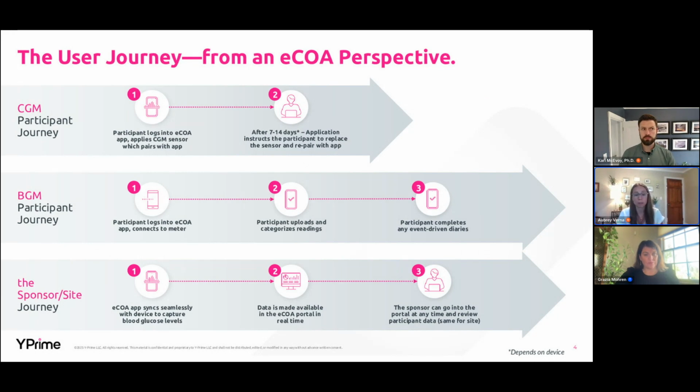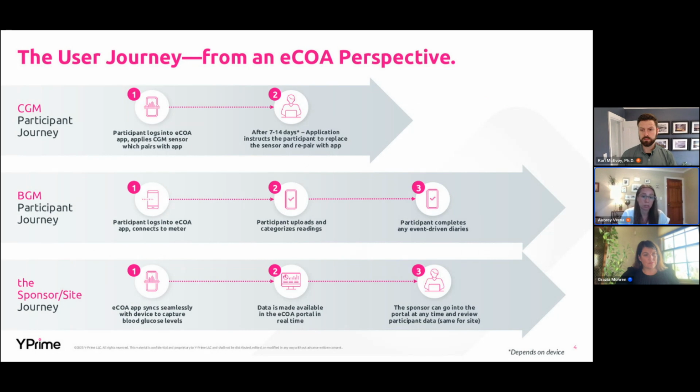It's very dependent on the CGM device specifically, but generally speaking, they're going to replace that sensor at the end of the expiration period and then repair the new sensor with the application. So the CGM journey for the participant revolves around that passive data capturing and the cyclical replacement and repair of that sensor with the application within the necessary intervals.